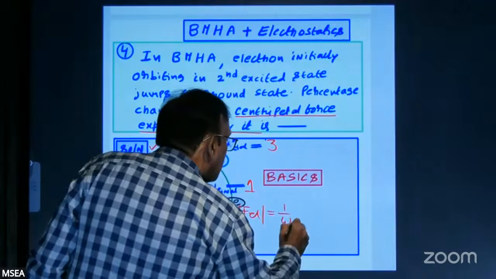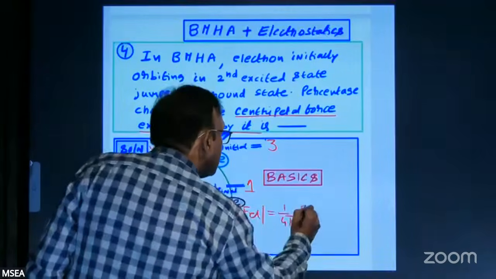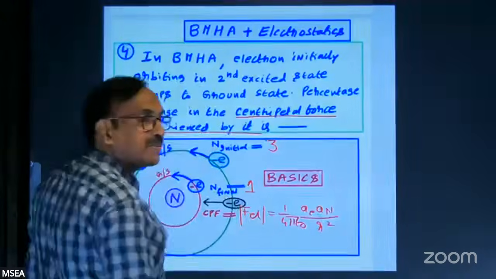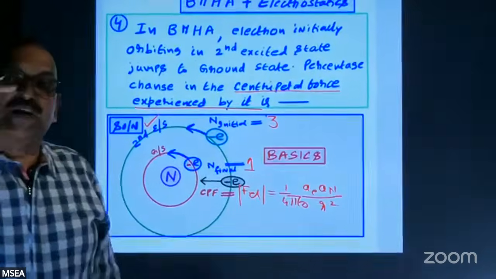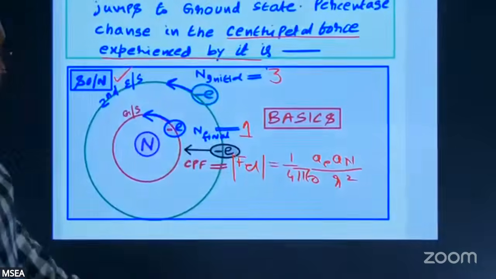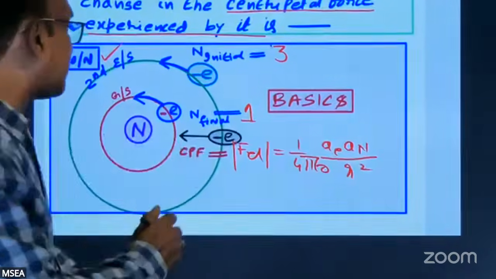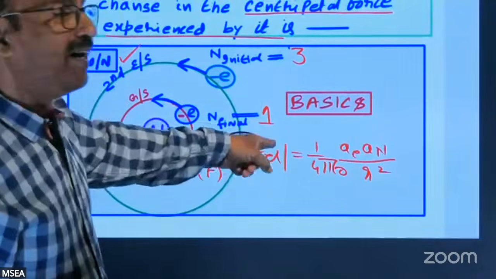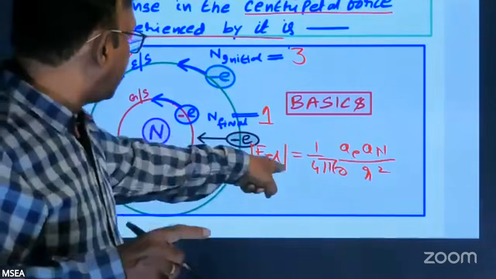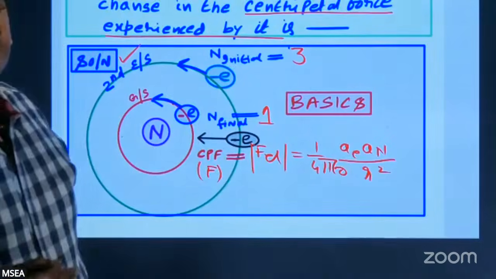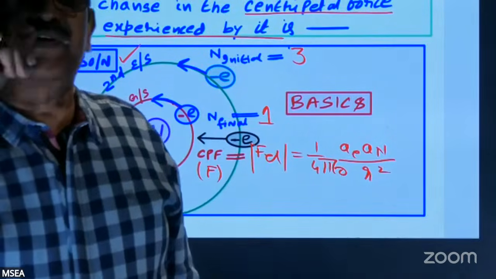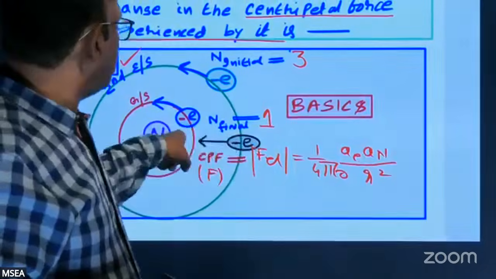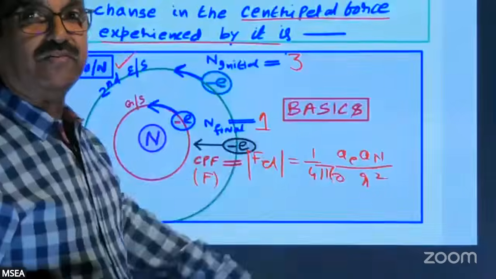From electrostatics, F = 1 by 4 pi epsilon naught into q1 q2 by r square, where q1 is the charge of the electron and q2 the charge of the nucleus.